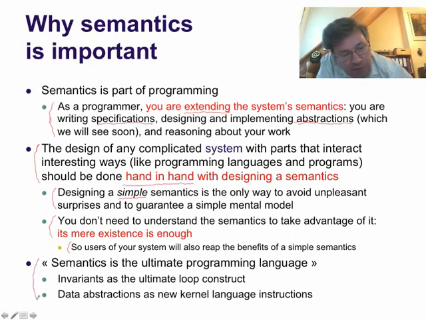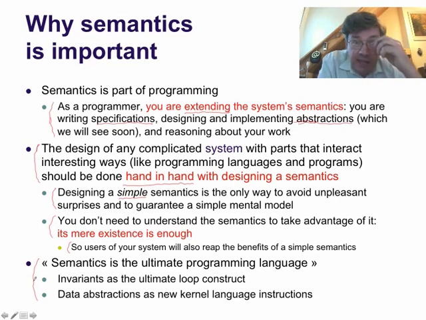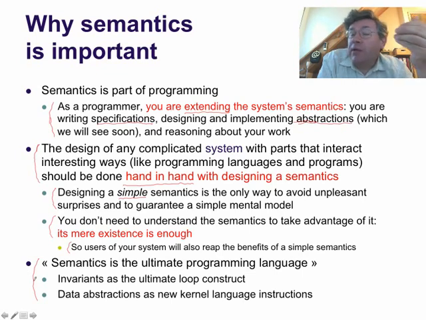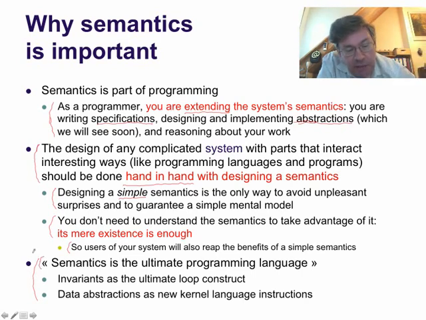And then a final point, what I like to say is that semantics is in fact the ultimate programming language. Thinking at the level of semantics, writing pseudocode or pseudo semantic rules or pseudo semantics is really what programming should be. It's the highest level of programming. So for me, semantics is the ultimate programming language.